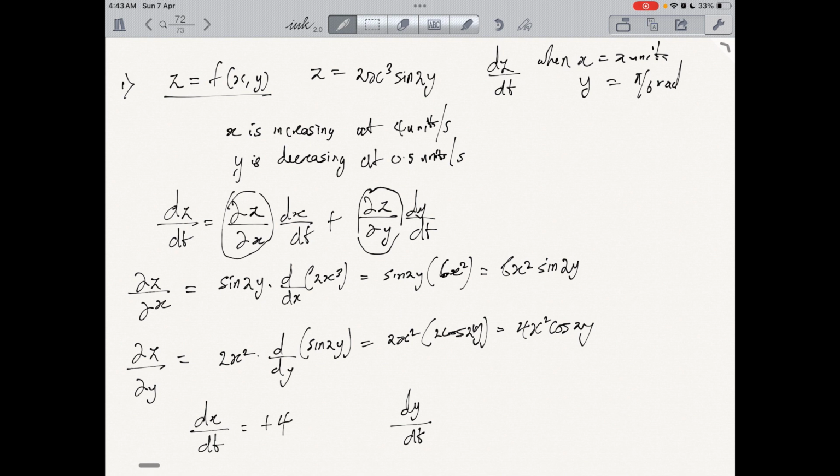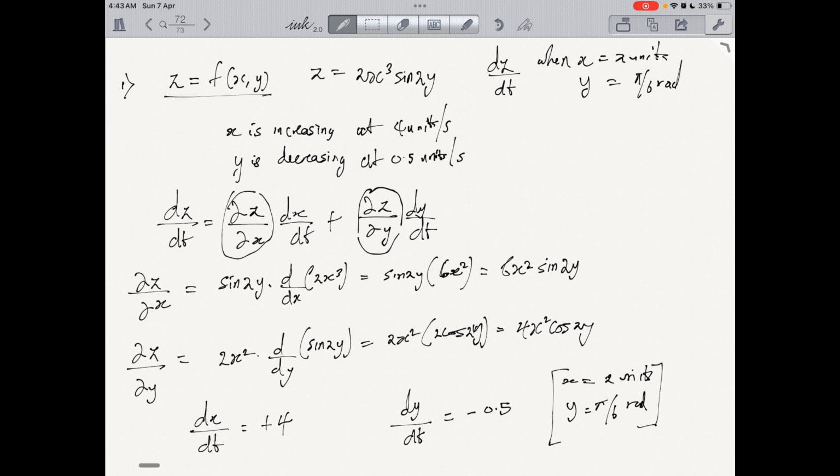And y is decreasing at 0.5 units per second. Therefore, dy/dt is negative 0.5 because it is decreasing. And we are given that x is 2 units and y is pi over 6 radians.